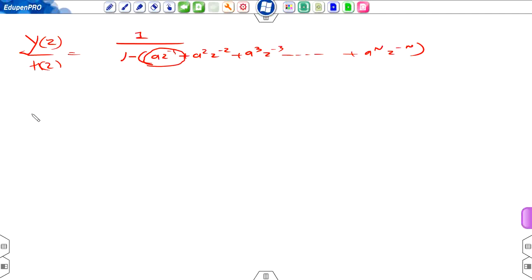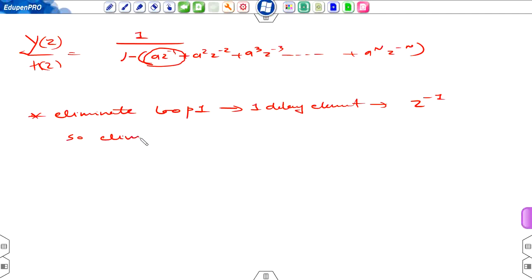Okay, so the basic idea is to eliminate loop 1 that has one delay element, that is associated with the term z raised to power minus 1. So eliminate the term minus E z raised to power minus 1 from the transfer function H(z).